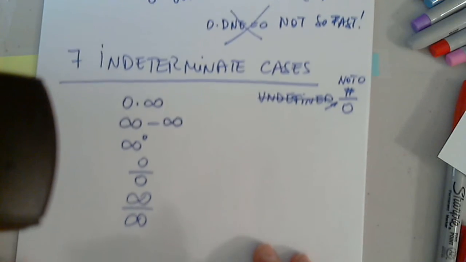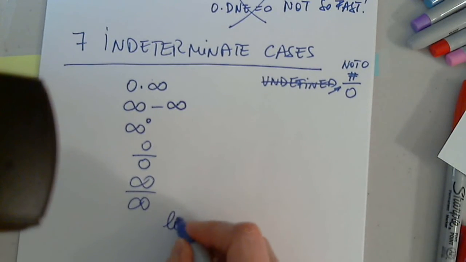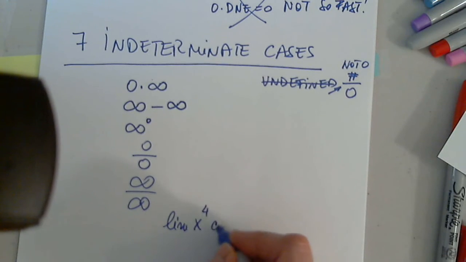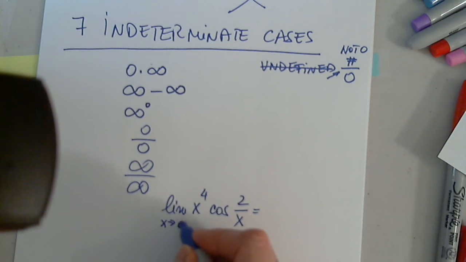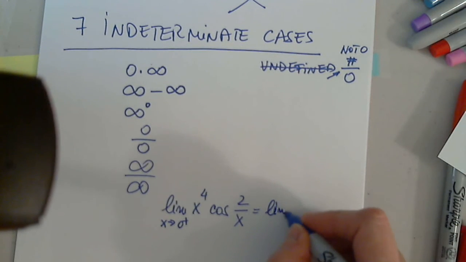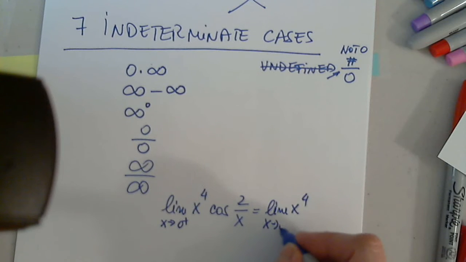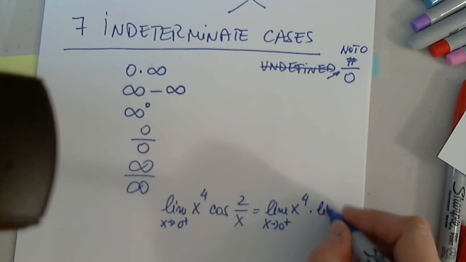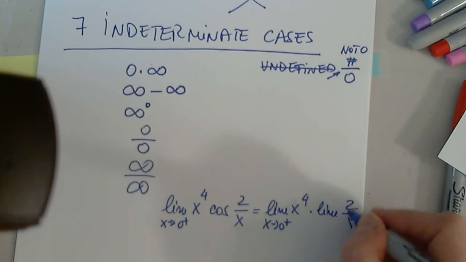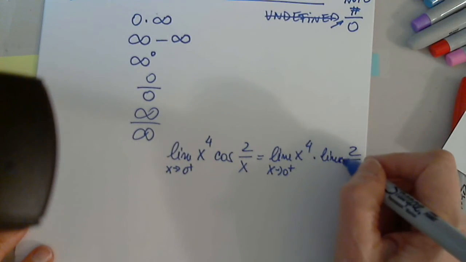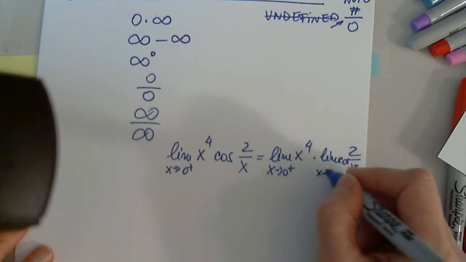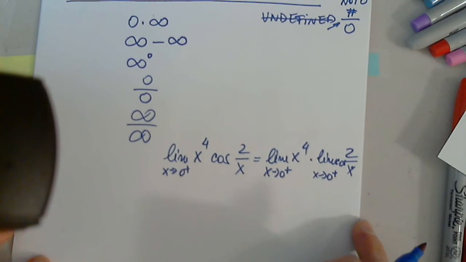So coming back to our problem, limit of x to the 4th times cosine 2 over x. Can I write it as the limit of x to the 4th when x approaches 0 from the right times the limit of cosine of 2 over x when x approaches 0 from the right?